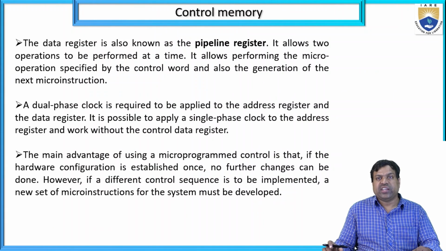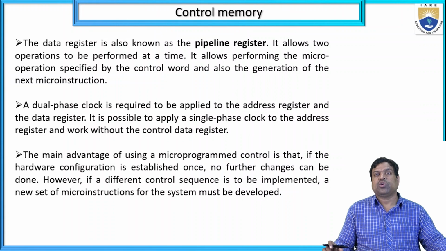And the data register is also known as a pipeline register. It allows two operations to be performed at a time, and it allows performing the micro operations specified by the control word, and also the generation of the next micro operations. And a dual phase clock is required to be applied to the address register and the data register, and it is possible to apply a single phase clock to the address register and work without the control register.